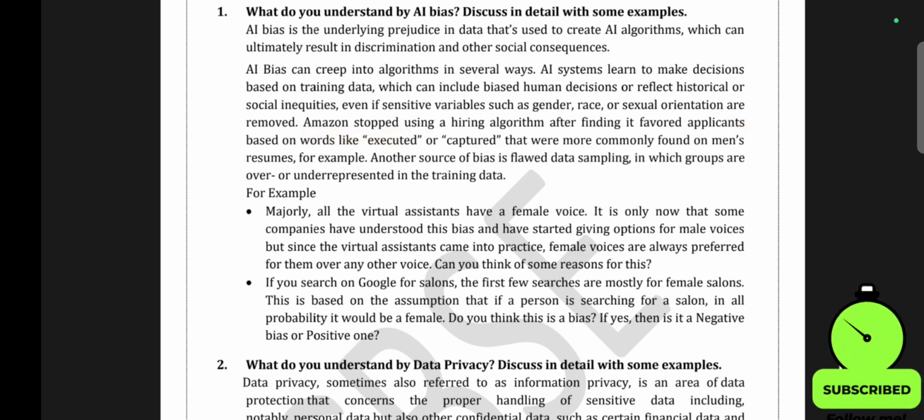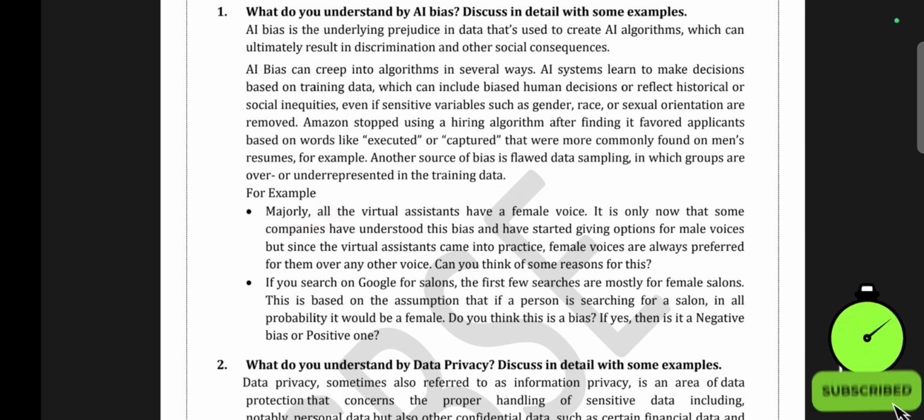Amazon stopped using a hiring algorithm after finding it favored applicants based on words like executed or captured that were more commonly found on men's resumes. For example, another source of bias is flawed data sampling in which groups are over or underrepresented in the training data. Some examples are given; you can also write a new one.